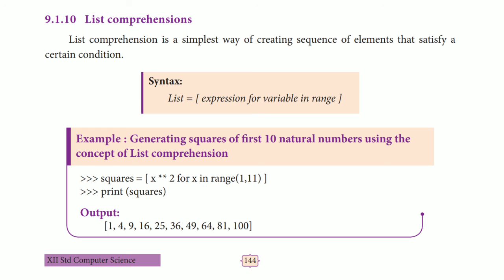So 1 square is 1, 2 square is 4, and 3 square is 9, so it will go up to 10. 10 square is 100. You can see that square is equal to the value of x replaced from each value of the range function, and you can get the following output.